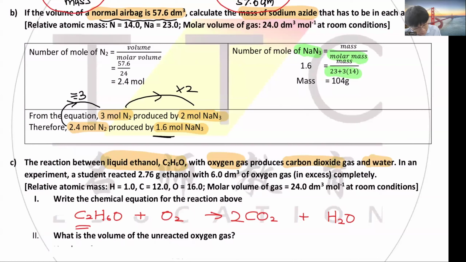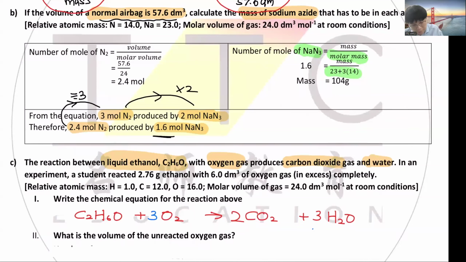Okay. Then here is 6, so put a 3 here. Okay. Yeah, for that, we check the oxygen we have. Here we have 2 times 2 is 4. 4 plus 3 is 7. So here we have 1, here I put a 3. Okay, this is how we balance this equation.